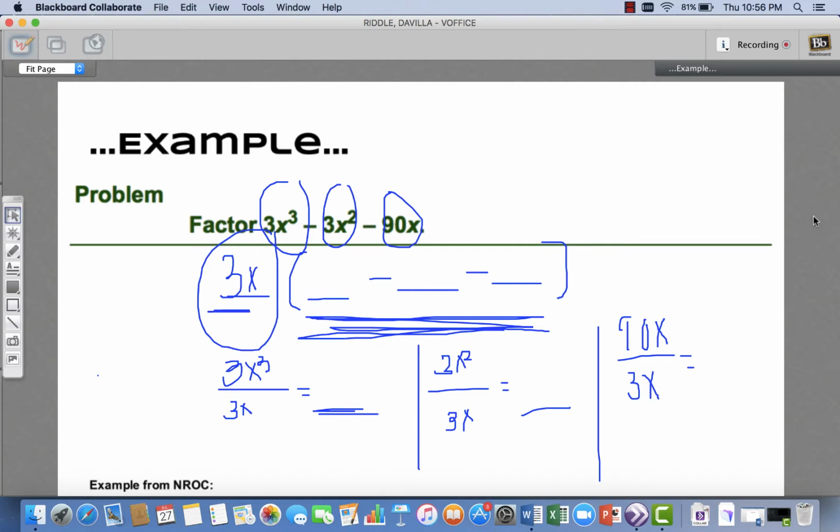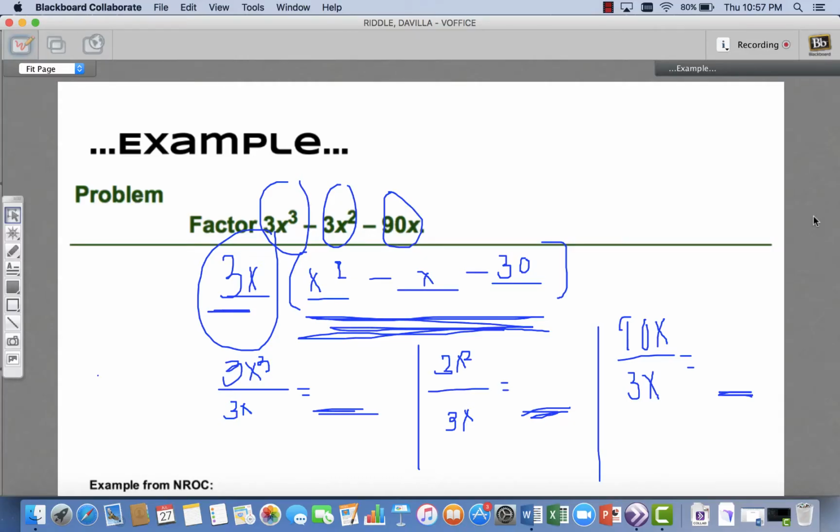So what would you get now based on this? Perfect. So we have x squared, x, and 30.